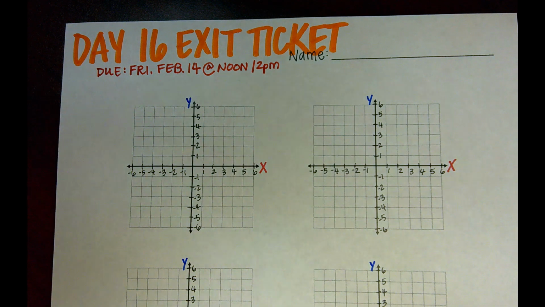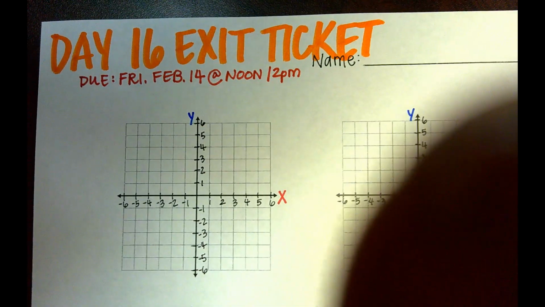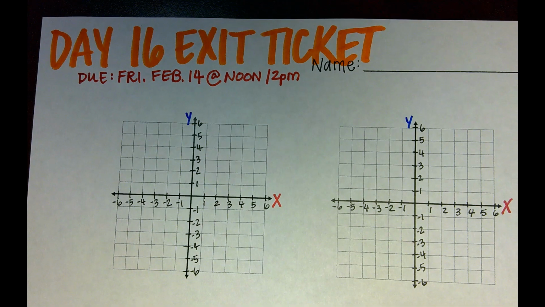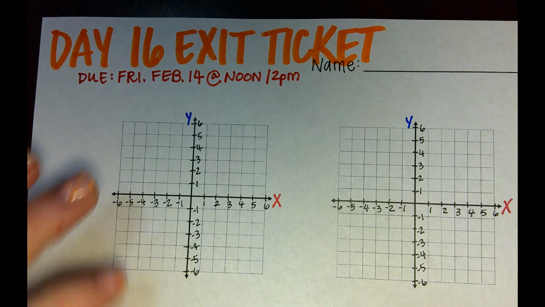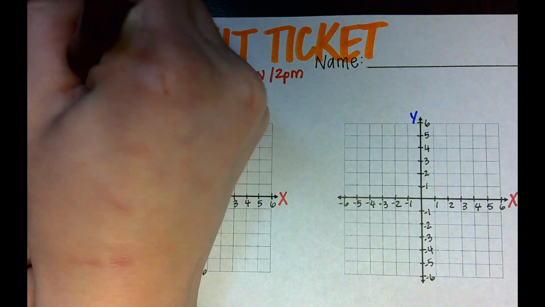So your directions for this exit ticket are to solve the system of equations by graphing. And when I say solve it, that just means find the coordinate where they cross. So you're just going to graph both lines, and then you're going to tell me what is the coordinate of the intersection. So I'll write that down.